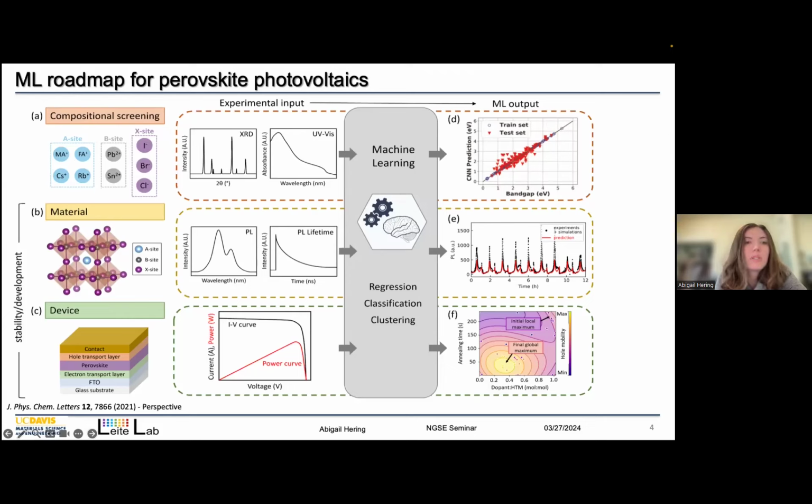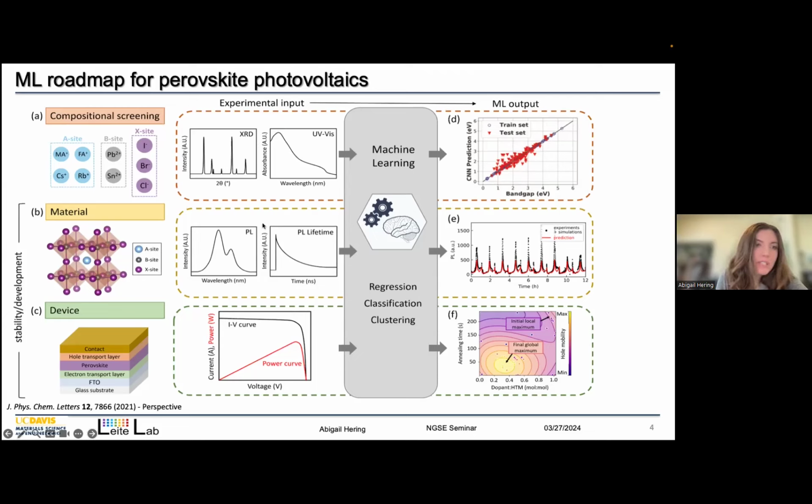In this example, they used X-ray diffraction and UV-visible spectroscopy as training data, and the output was a convolutional neural network prediction of band gap. This line is comparing training and testing sets, and we can see it has a pretty high prediction accuracy for band gap.